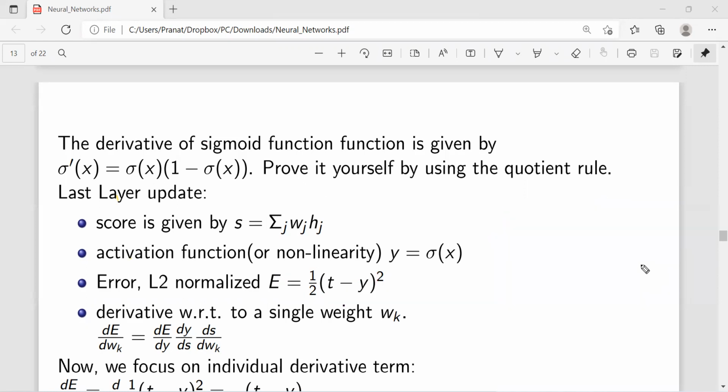Why are we doing that? We have done that because error is a function of y, so we can compute this derivative. We see that y is a function of s, so we can compute this derivative. And s is a function of w here, so we can compute this derivative. We have just used the chain rule here, as you can see.